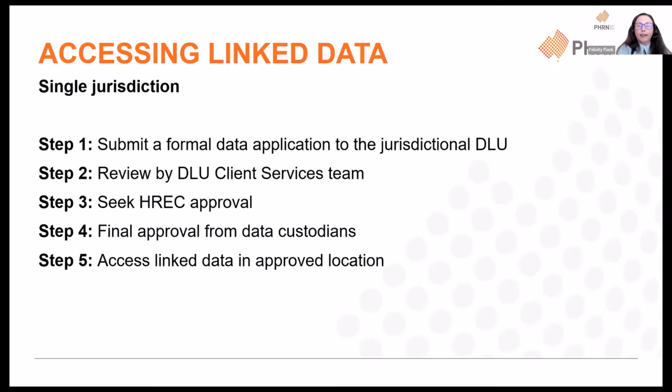So you always need two approvals. You need the data custodians to approve your project, and you need at least one ethics committee to approve your project. And once you've got all the approvals through, the linkage unit will conduct the linkage for your project, and then the data custodians will provide access to the linked data in an approved location.